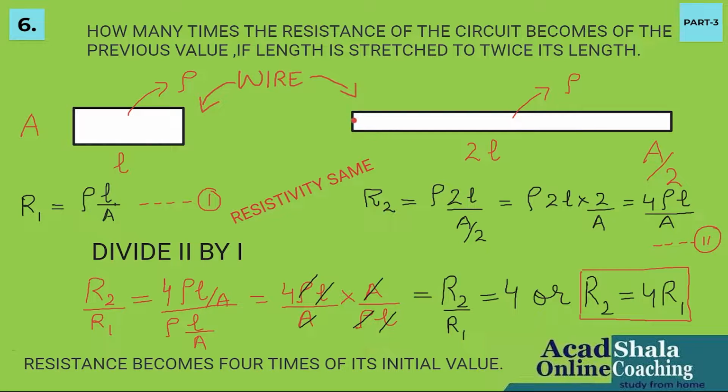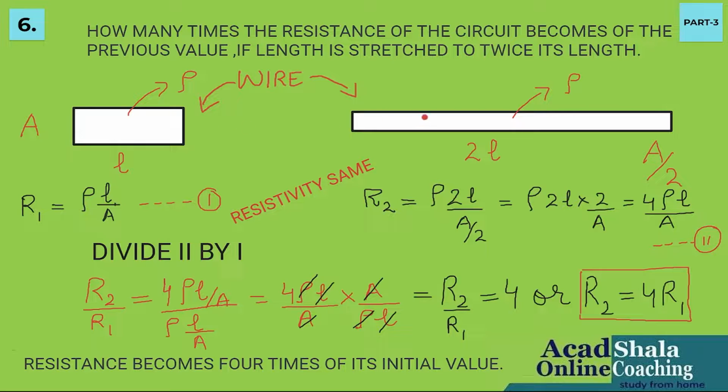After stretching this wire, I observed that rho, that is resistivity, remains the same. Why? Because both the wires were made up of the same material. So resistivity will always be the same. And after stretching this wire, the length became doubled and the area became half.